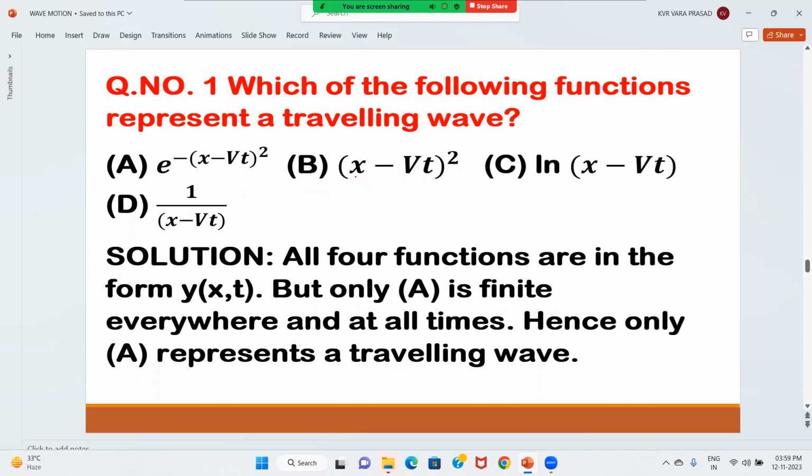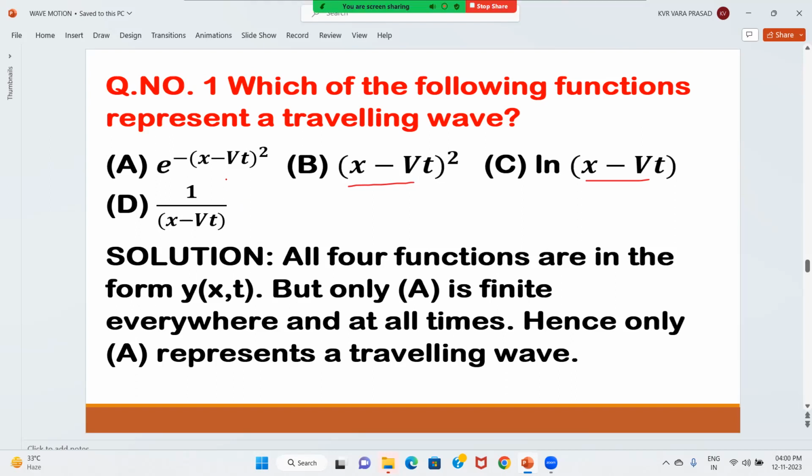If I take the x value as very large, suppose infinity, the square of that is very large, right? So this is not finite. Okay, right. If you take x minus vt equal to 0, ln 0 is not defined, right? Next, 1 by (x minus vt). Suppose x minus vt is 0, then this value becomes infinite. But the condition is, it must be finite everywhere. Everywhere means for any value of x. And at all times means any value you can take in the place of t.